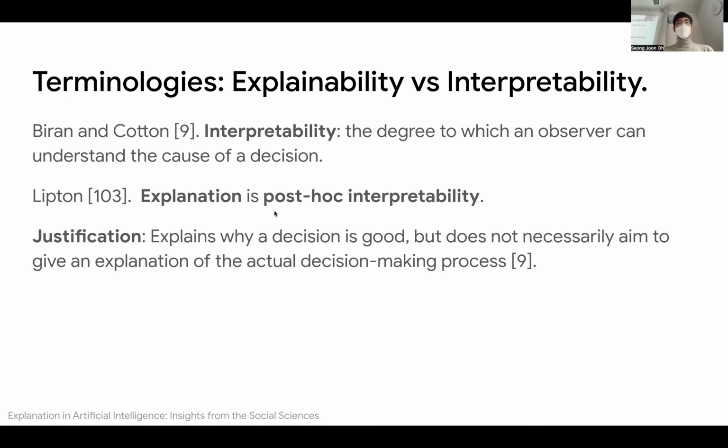But let's say you have a deep neural network, which is not interpretable per se. And then you can generate an explanation post-hoc to make it interpretable again, for example. Okay. And then justification is any explanation that explains why some decision is good, but it is not necessarily sound. So justification is any kind of explanation, which doesn't have to be sound.